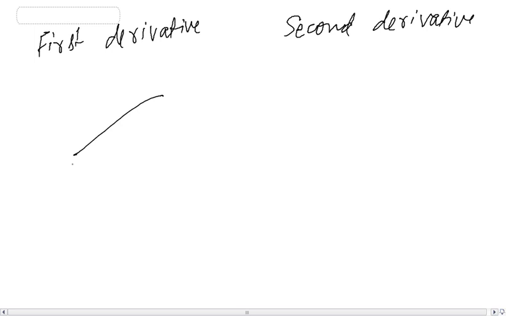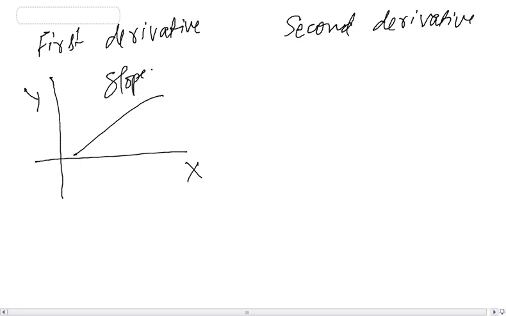Let's draw a straight line. So this is the x-axis and this is the y-axis. As I already told you, the slope is tan theta, and slope at any point is calculated by creating a tangent at any point.